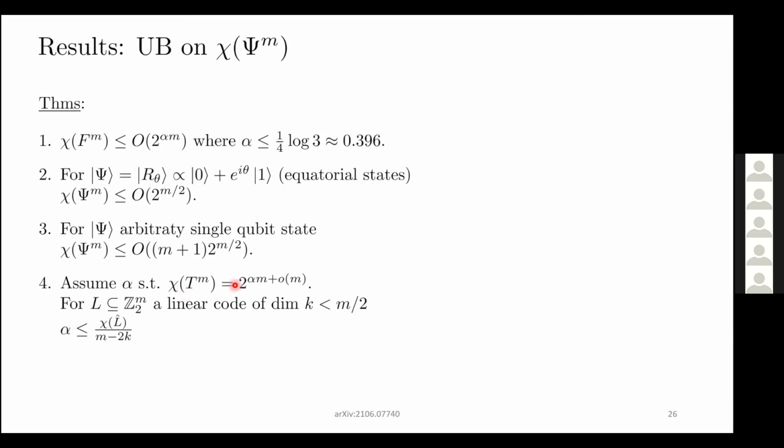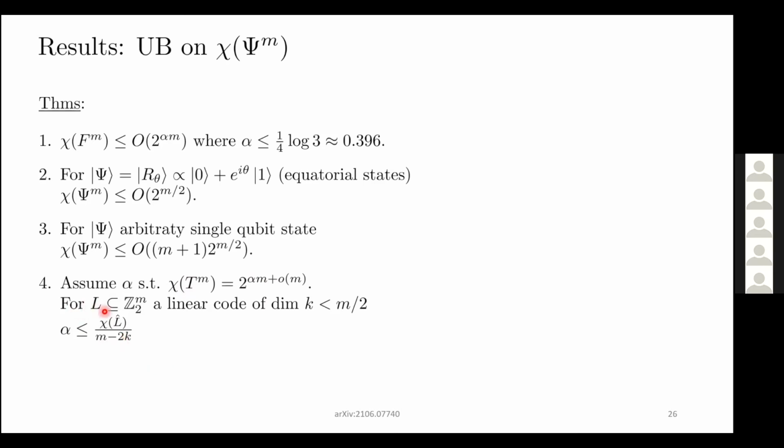It tries to upper bound this alpha in the stabilizer rank by saying that if you construct some code state with a known stabilizer rank, chi of L, then alpha must be less than this quantity here. So let me try to unpack that just a little bit.